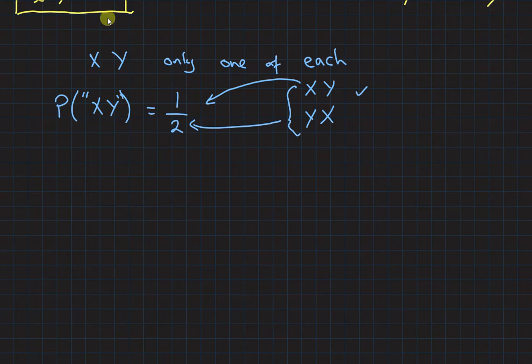We can extend it a bit further and go to, what's the probability of 4 letters. Let's say they are K, L, M, N. I've got 4 letters.